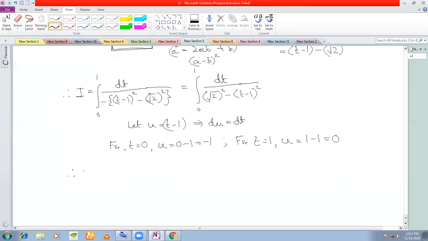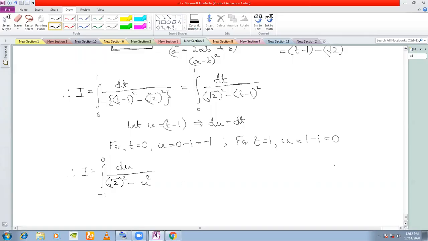Therefore, what is I? I becomes integral minus 1 to 0 dt. In fact, dt is equal to du. So you can write this as du divided by root of 2 minus u square, right? And what is this form?